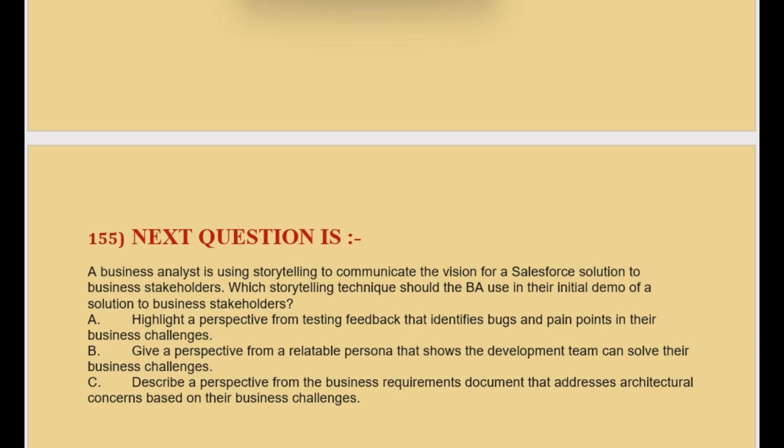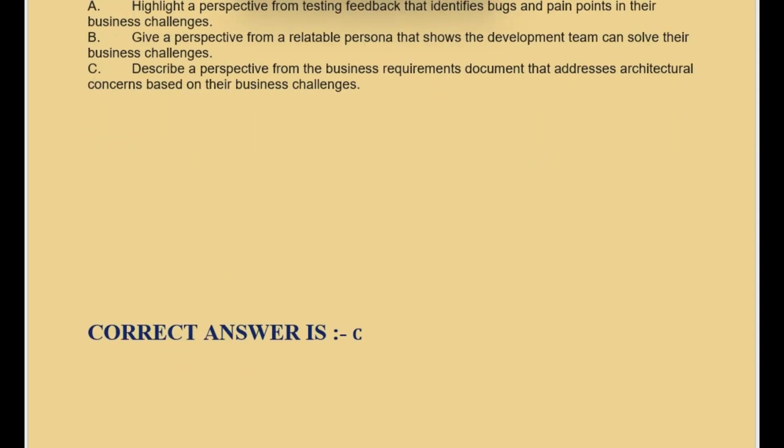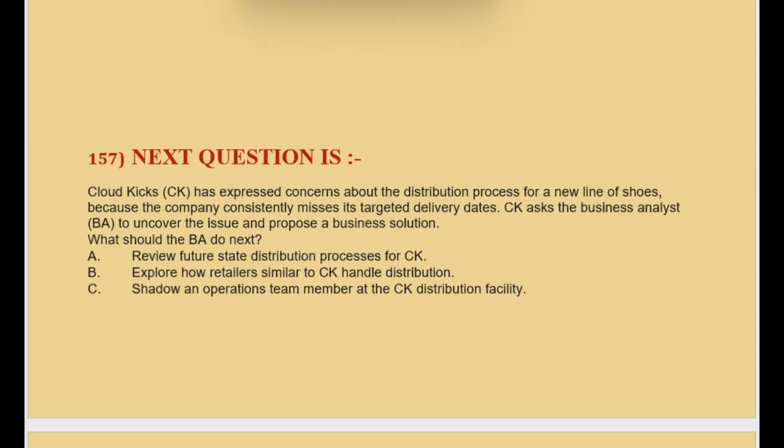Option B. Give a perspective from a relatable persona that shows the development team can solve their business challenges. Option C. Describe a perspective from the business requirements document that addresses architectural concerns based on their business challenges. Correct answer is option C.